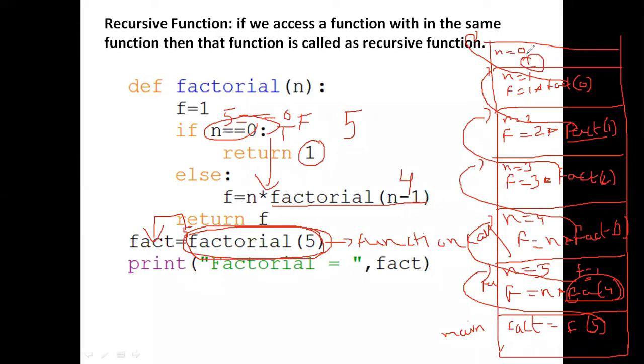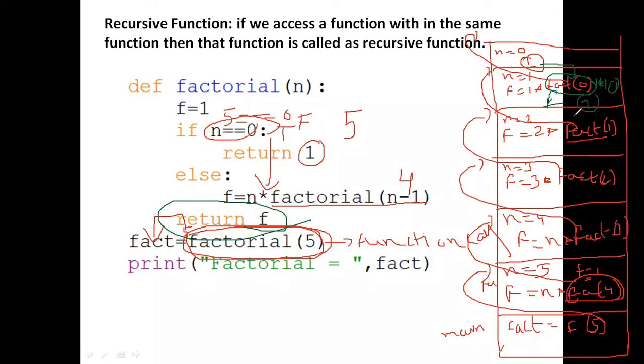This 1 is assigned in the place of fact of 0. That means 1 into 1 is 1, written here. What is f here? 1.